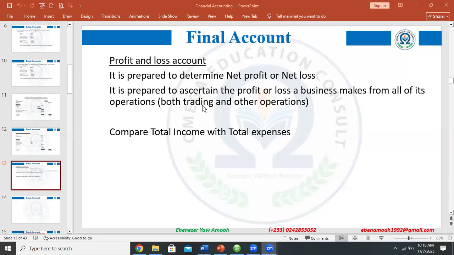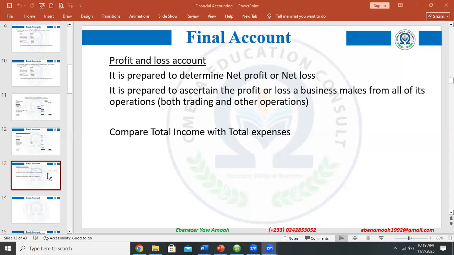So the profit and loss account looks at both the trading and other operations. That is why we say it is used to determine the net profit or net loss. Now, what does it do? It compares your total income with your total expenses.